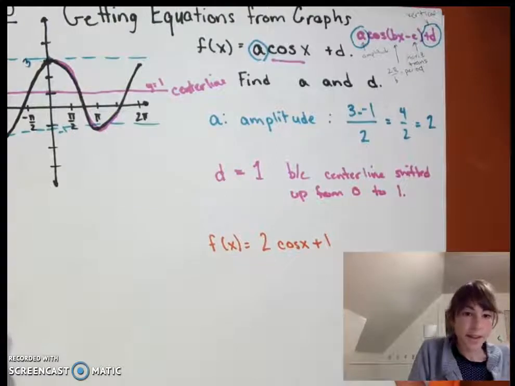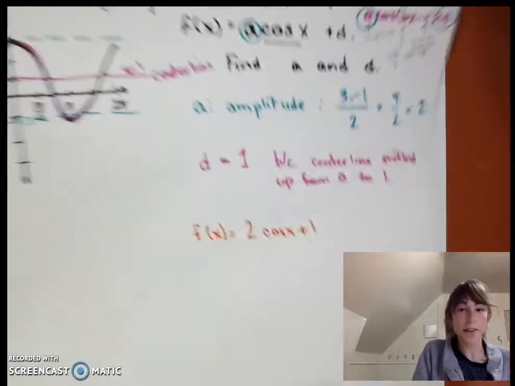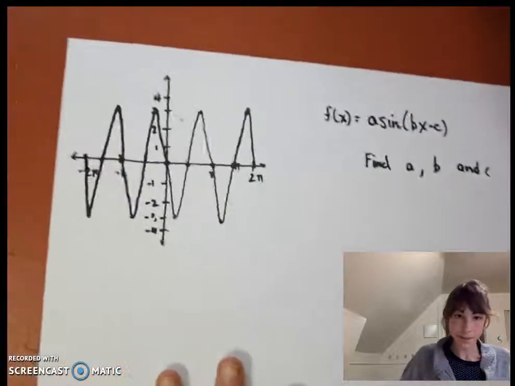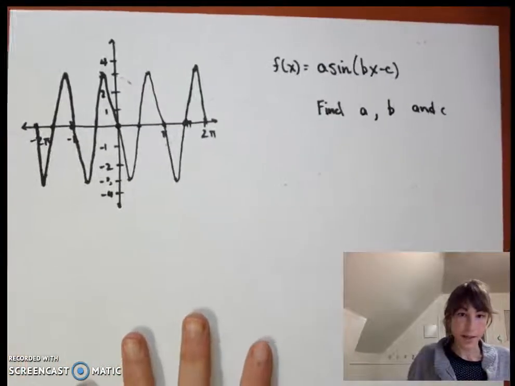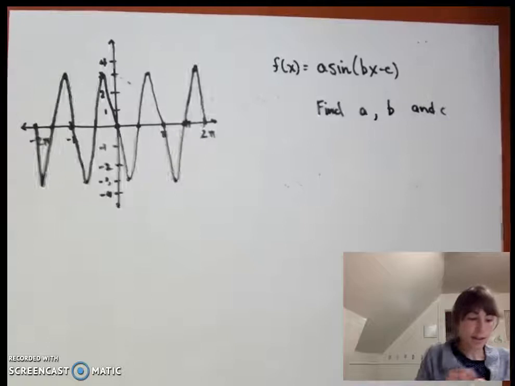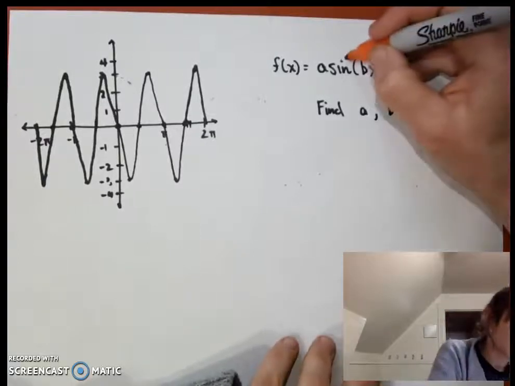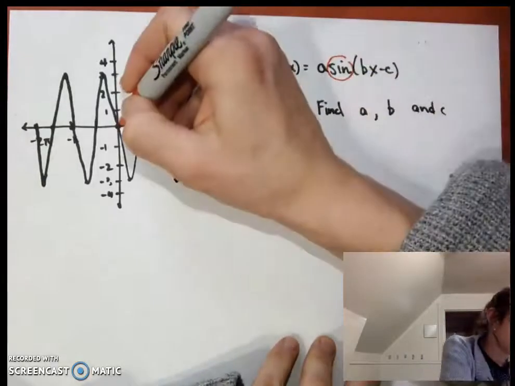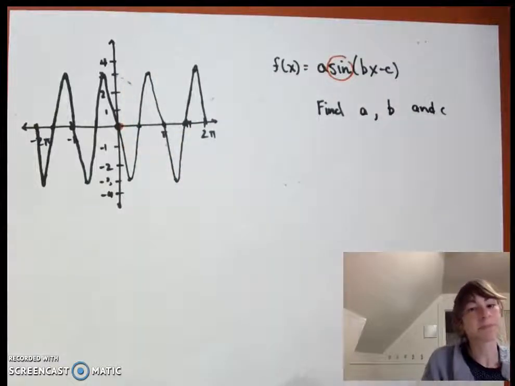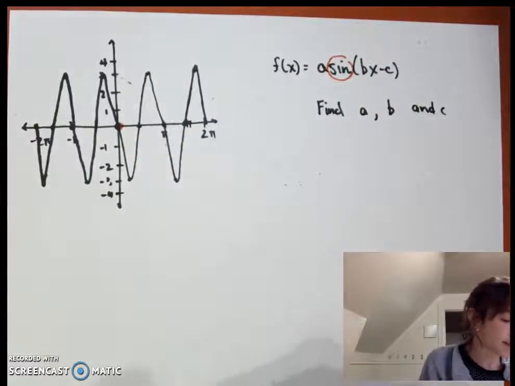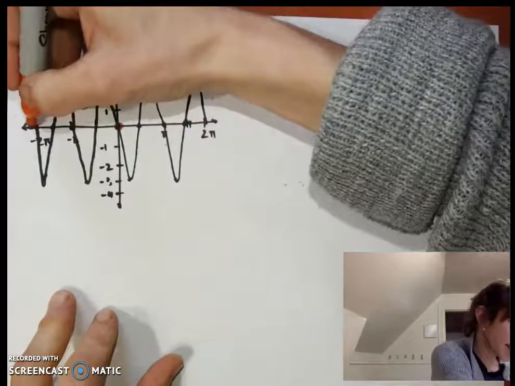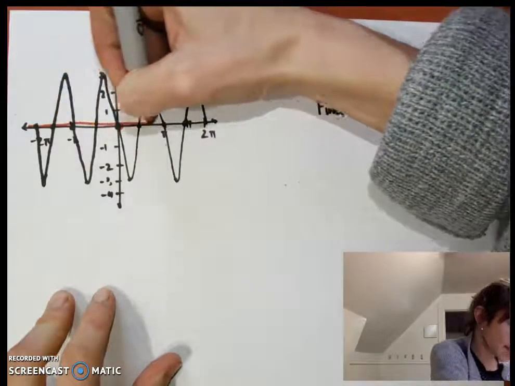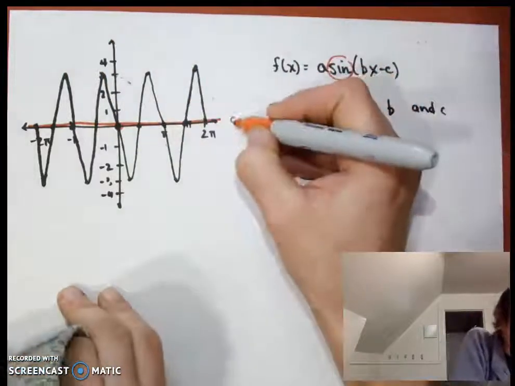Okay, so let's try another example. Here we are. This one, our base function is going to be sine because the graph starts at 0, 0. And one thing we notice right off the bat is that the center line is still here. So we haven't shifted up or down.